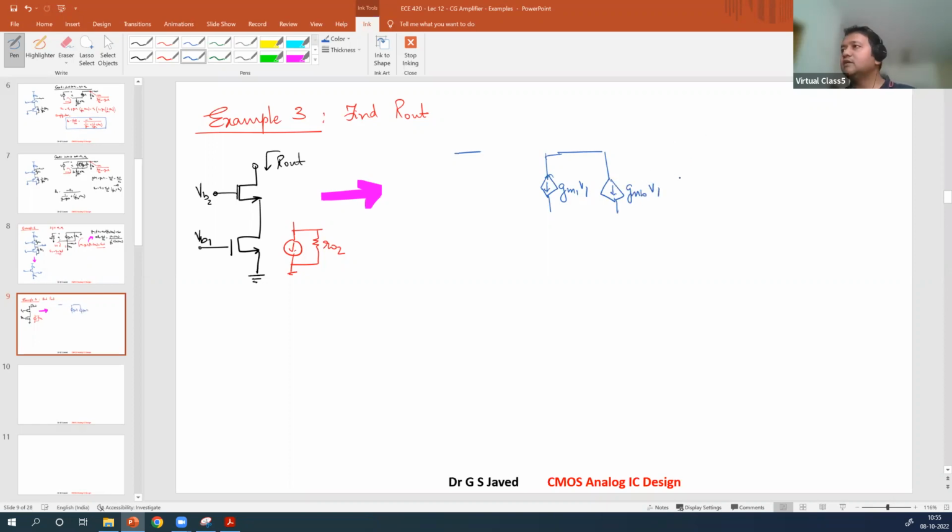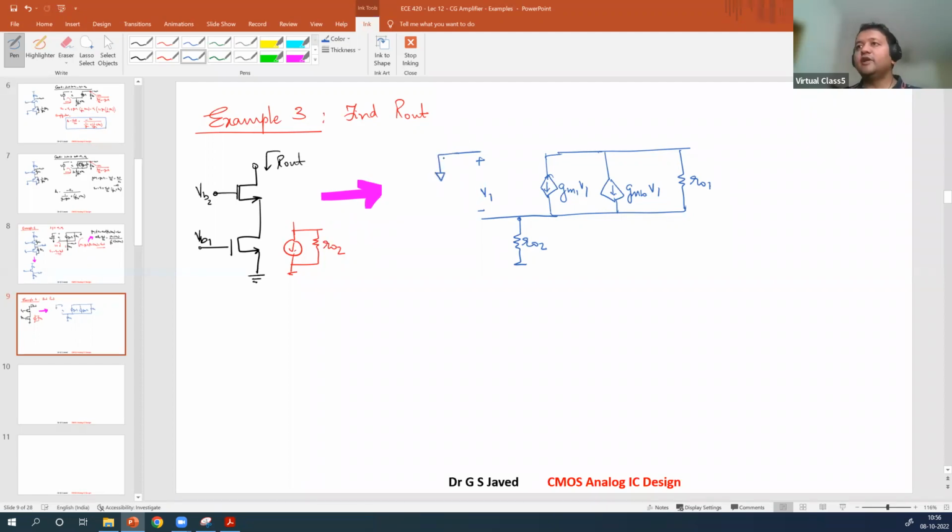Then you will get output resistance RO1. These are all together. Next, at the source you have parallel resistance RO2. You are seeing V1, and your input is applied nowhere. There is no input. It's all fixed bias. So this is grounded again.